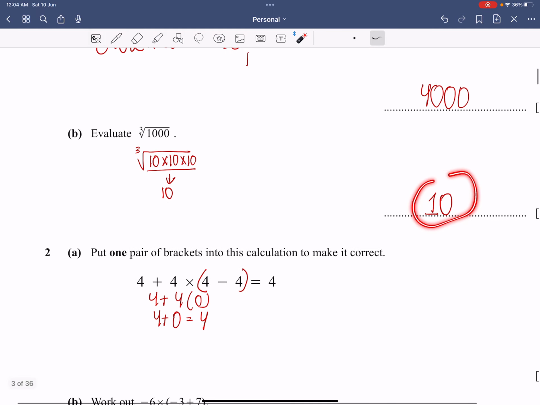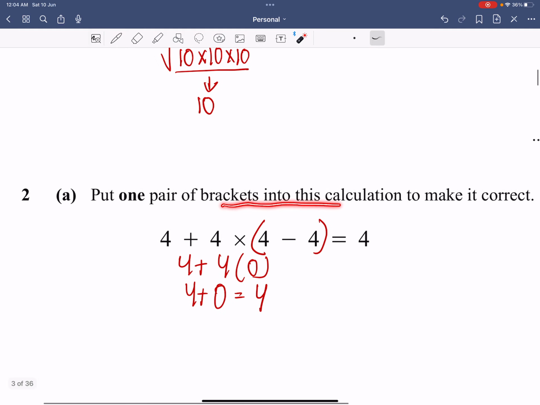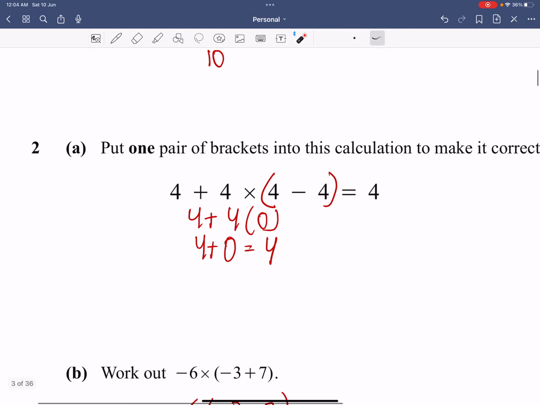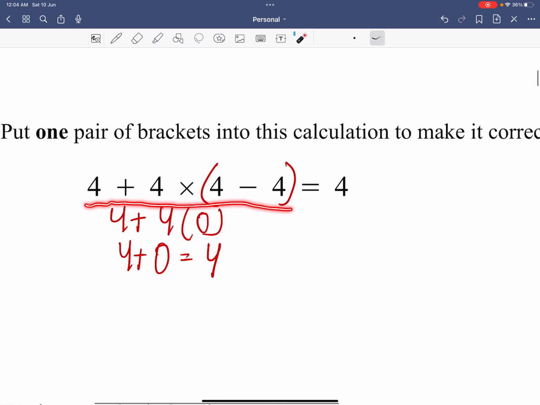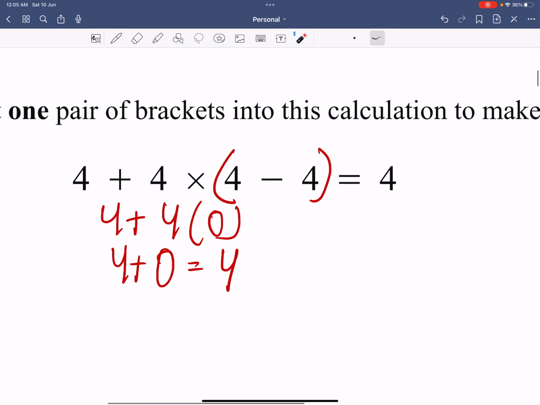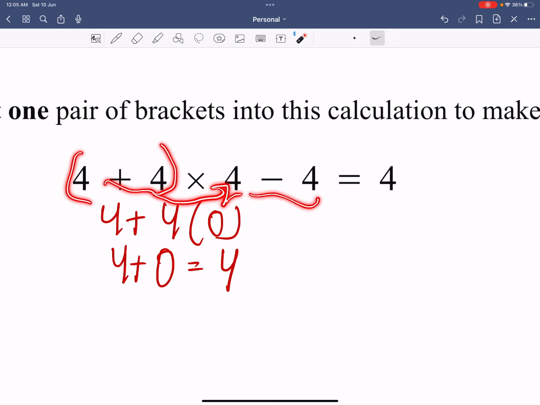So the next question says put one pair of brackets into this calculation to make it correct. So we have to put the bracket somewhere so that this becomes equal to 4. So in order to do that, what I did was, first of all, if I place the bracket here, it would have been 4 plus 4 8, 8 times 4 32, and 32 minus 4, which is 28, so it won't result in 4.